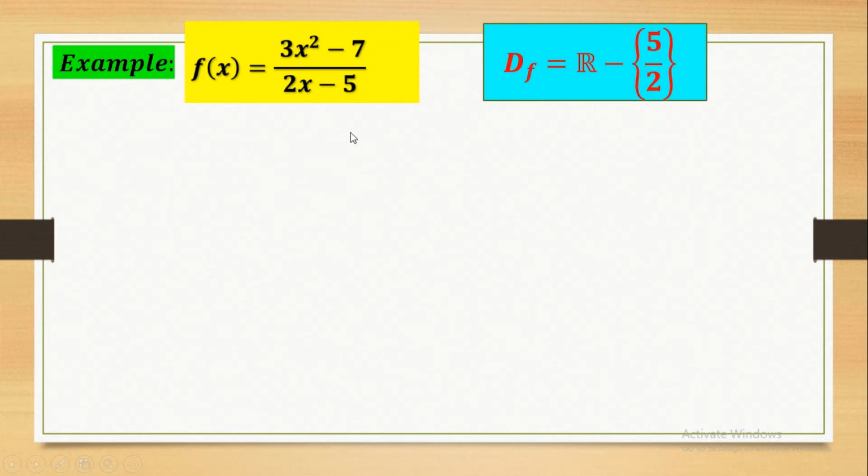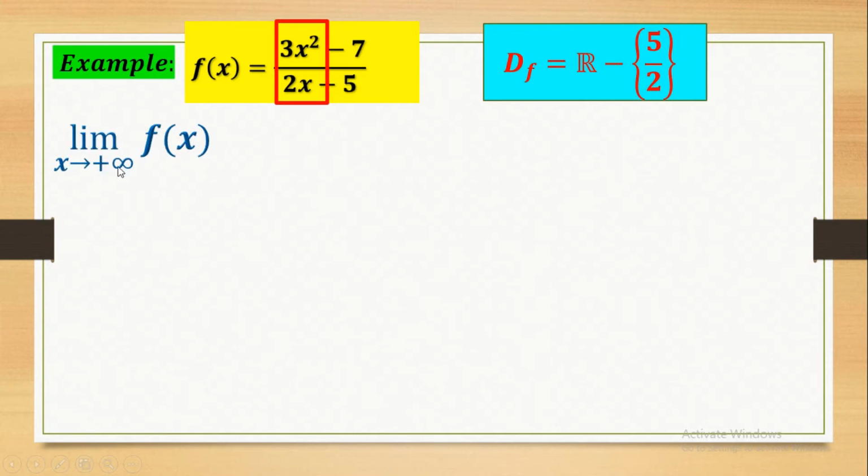Now what about the limits of this function at the boundaries of this domain? When we have Df is R minus 5 over 2, it means x varies from minus infinity till 5 over 2 open, union from 5 over 2 open till plus infinity. So we should study the limits at all the boundaries. First, limit for f of x at plus infinity, we should take the highest degrees of the polynomials on numerator and denominator.